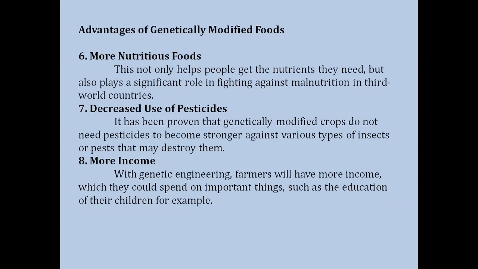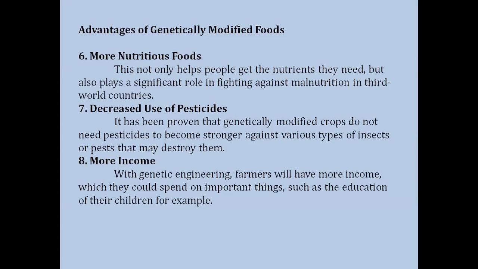And more nutritious foods. Nutrition means having high quality protein, carbohydrate, and low cholesterol. These are the nutrition factors, and vitamins. In such a way you can add some genes, and it is often said that nutrients play a significant role in fighting malnutrition in third world countries.